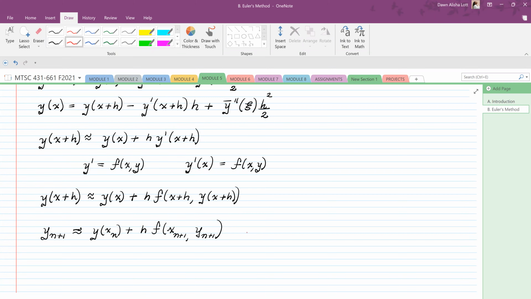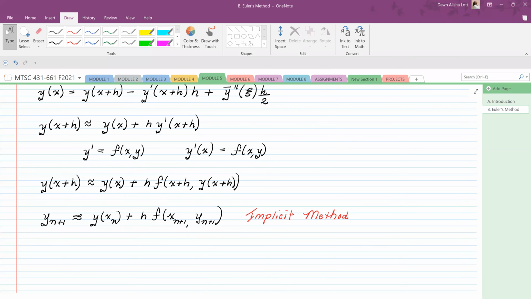This is an implicit method. Okay. Basically, you need to know f at x n plus 1, y n plus 1 in order to find y n plus 1. Okay? So that's a difficult problem there.